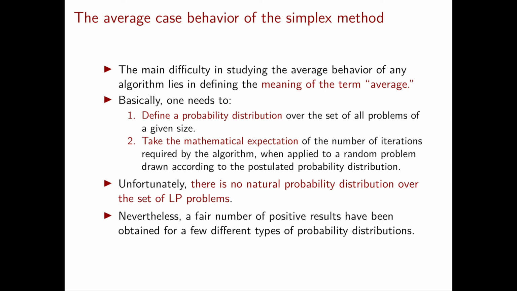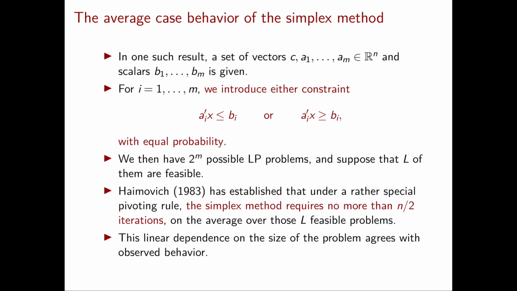This means that several researchers came up with different probability distributions and obtained average case behavior results based on those probability distributions. While these results are extremely interesting, it is still unclear which probability distribution makes more sense to consider. In this last slide, I want to briefly discuss one of these results, just to give you an idea of how results of this type look like.